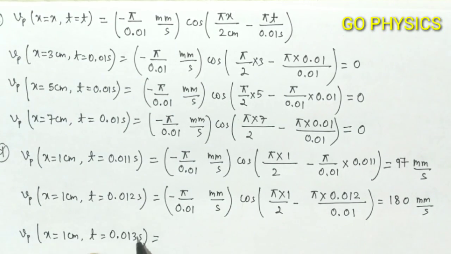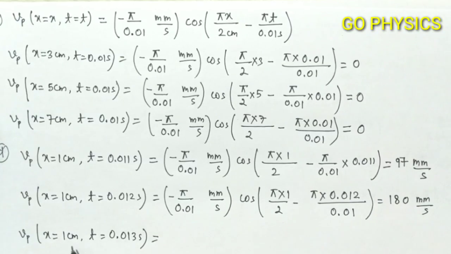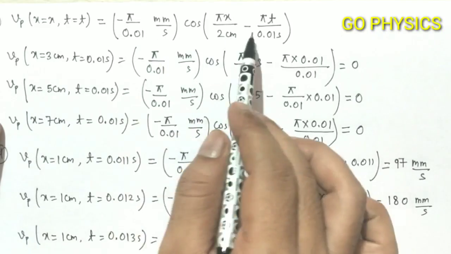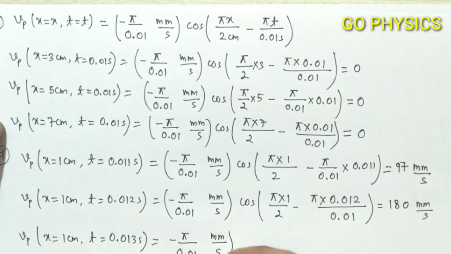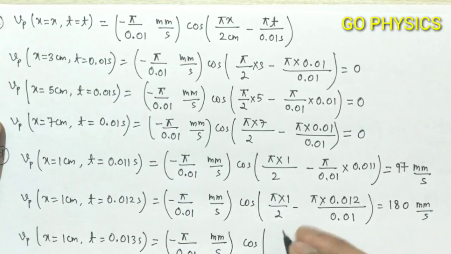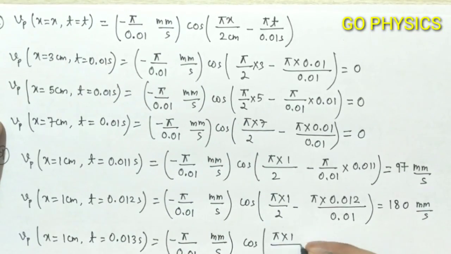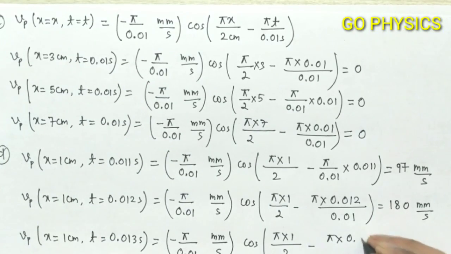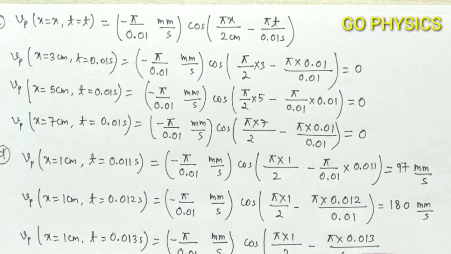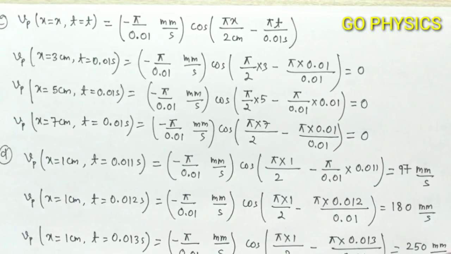Now for x equal to 1 centimeter and t equal to 0.013 second, we substitute these values in the general equation. It will come out minus pi by 0.01 millimeter per second into cos pi x by 2 minus pi, time 0.013, whole divided by 0.01. Now if we simplify this, it will come out 250 millimeter per second.